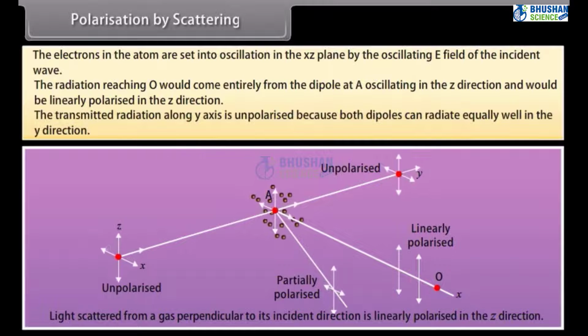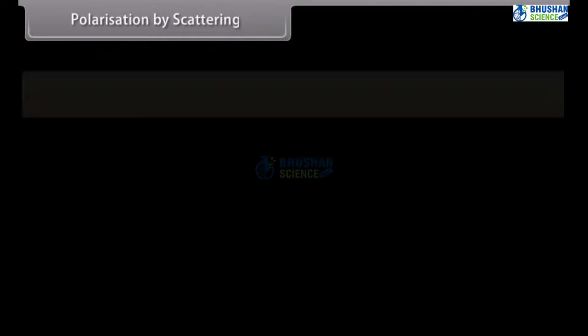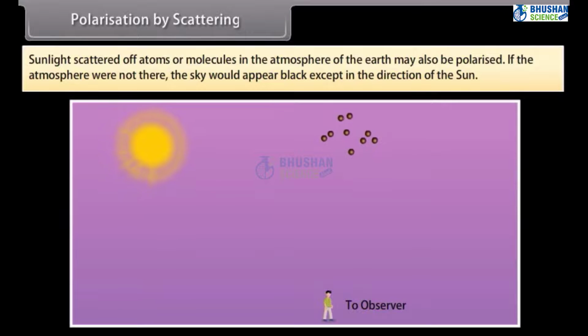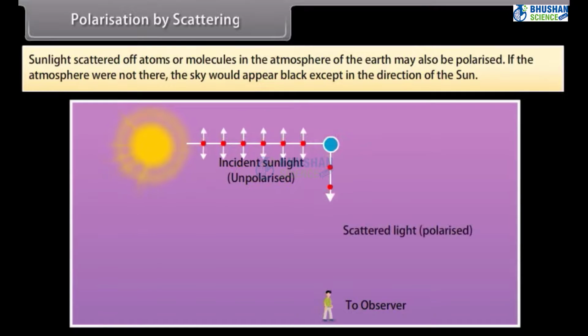The transmitted radiation along the y-axis is unpolarized because both dipoles can radiate equally well in the y direction. Sunlight scattered off atoms or molecules in the atmosphere of the Earth may also be polarized. If the atmosphere were not there, the sky would appear black except in the direction of the sun.